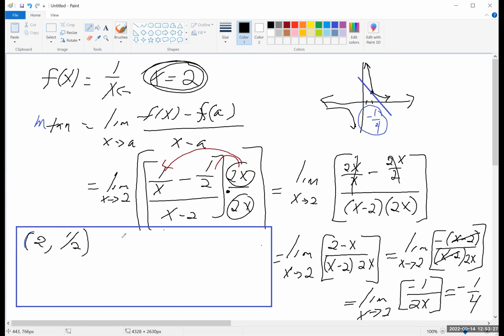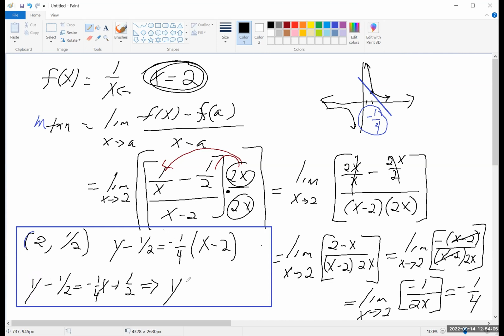So using something called the point slope form, we do y minus 1/2 is equal to m times x minus 2. I'm just using these 2 points. And let me come over here. Y minus 1/2 is equal to negative 1/4 x plus 1/2. And the final answer, I think I can wrap it all up and move that negative 1/2 over.